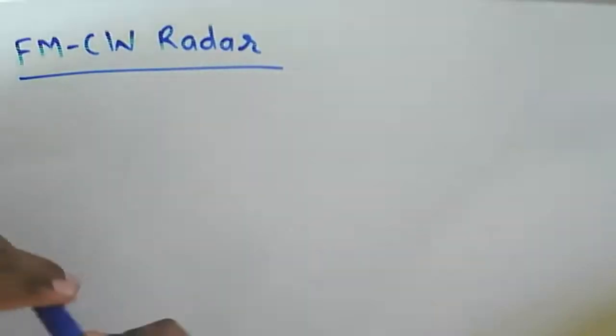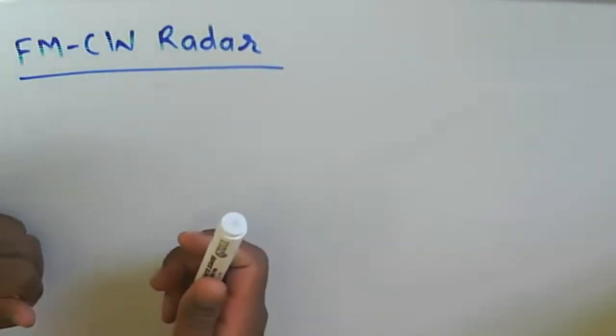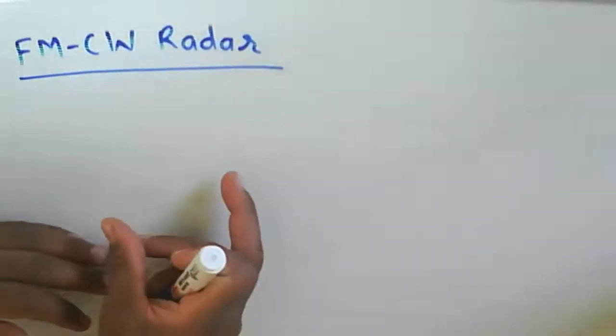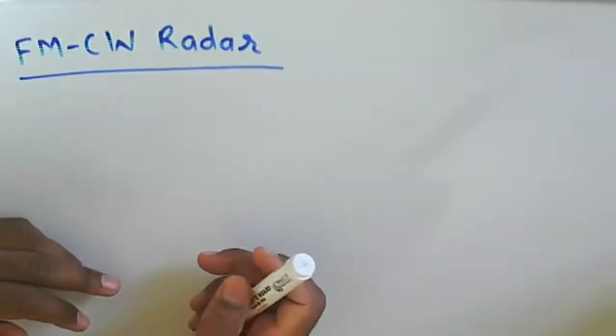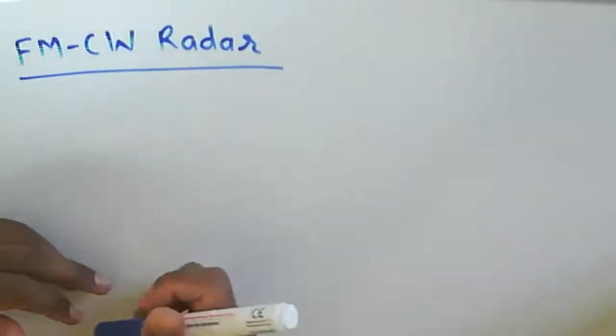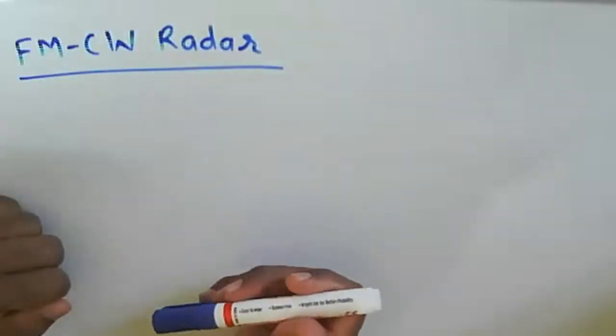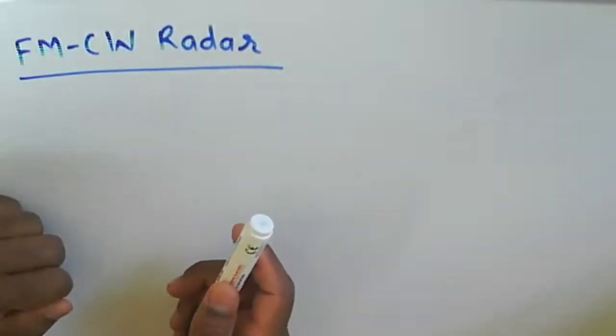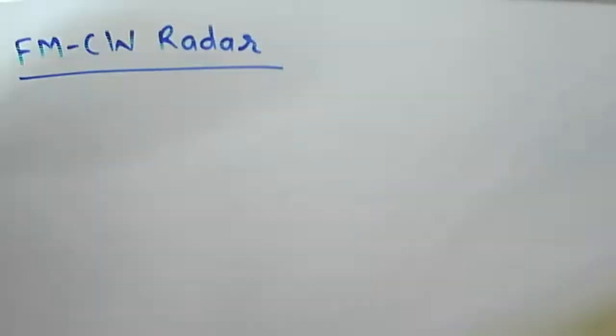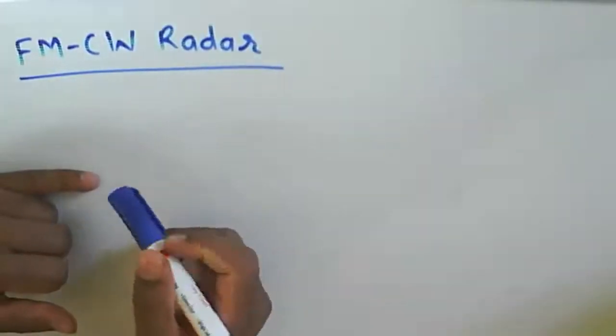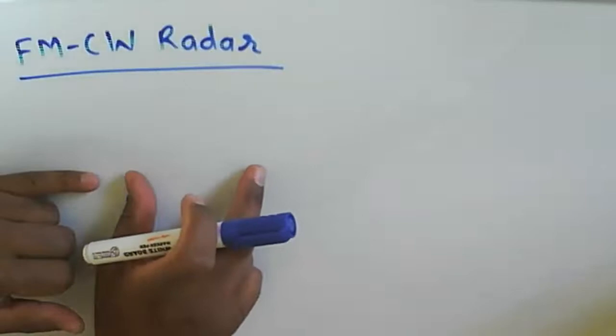So to improve the spectrum, or broaden the spectrum, instead of a CW radar we can use modulation, so whatever spectrum we consider at transmission is a modulated one.